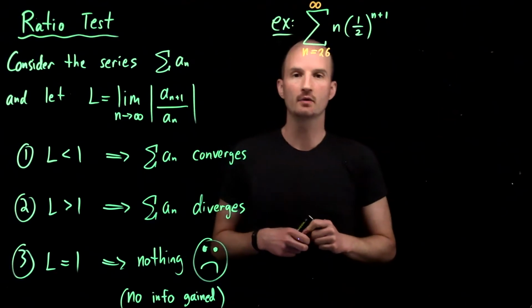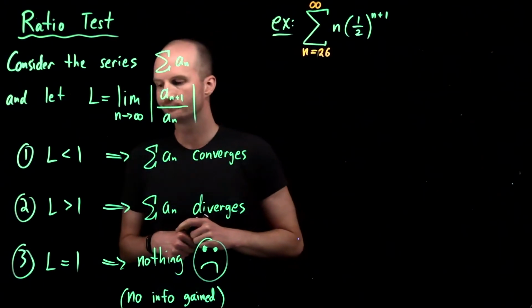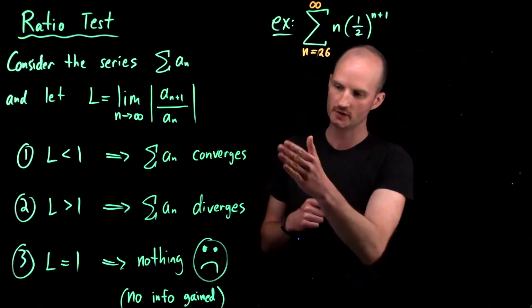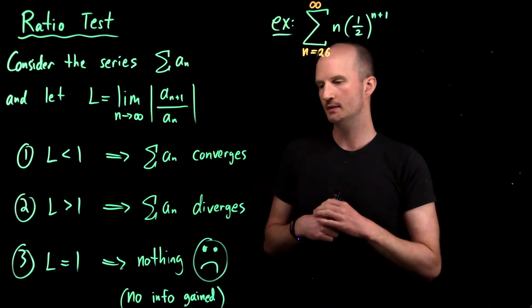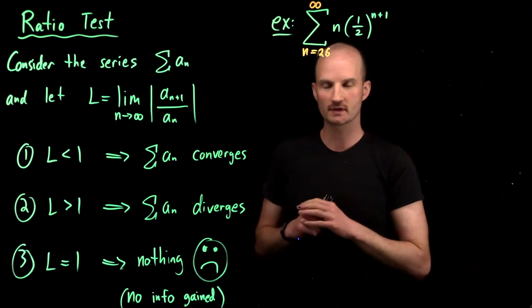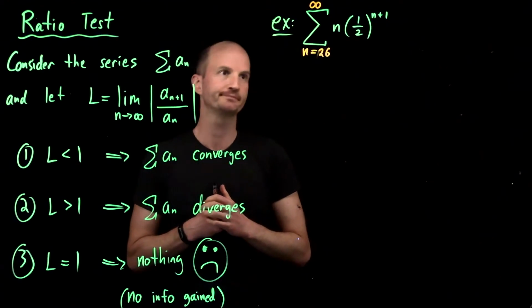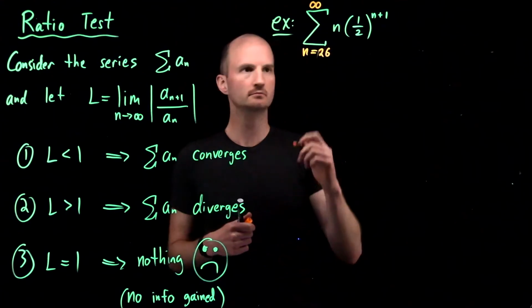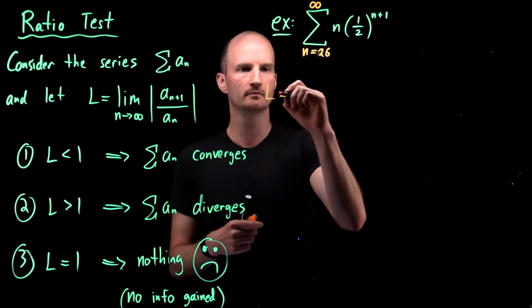It's not going to affect the outcome, because we're just trying to determine whether the series converges or diverges. And the first 25, 26 terms don't affect that outcome. Okay, let's find this L in this case.